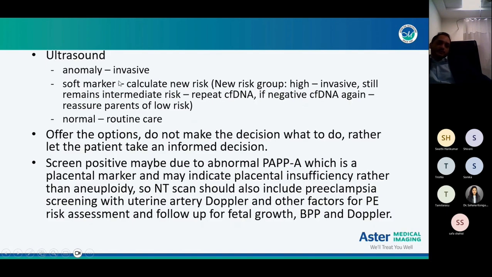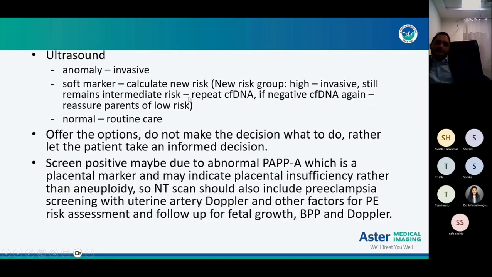Each soft marker like ventriculomegaly, choroid plexus cyst, echogenic intracardiac focus, all these things have their own likelihood ratio. And the likelihood ratio is not just how much more risk it brings when it is present, but also each soft marker has a negative likelihood ratio. So you have to use the calculator which is available online.